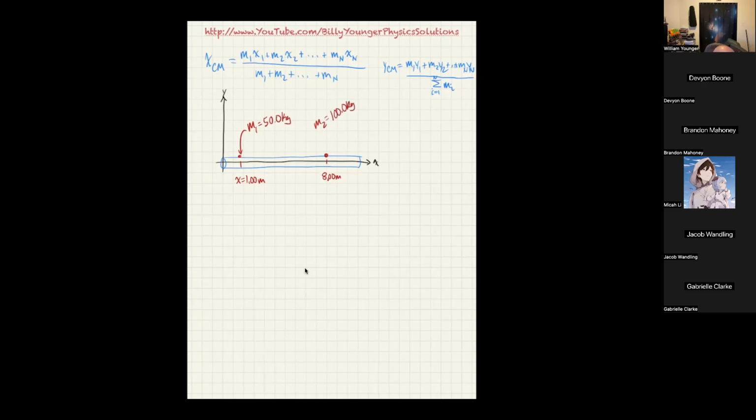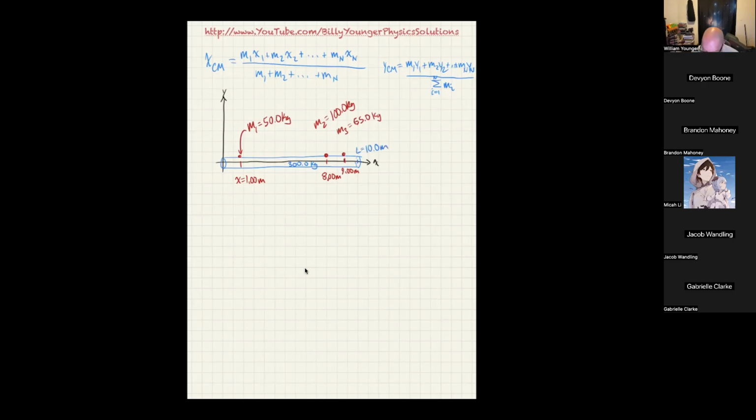And then I'm going to go right here and say this is 9.00 meters. And this person will have a mass M3, and their mass will be 65.0 kilograms. And I will further add that this uniform log will have a mass of 300.0 kilograms, and in fact has a length of L equals 10.0 meters.